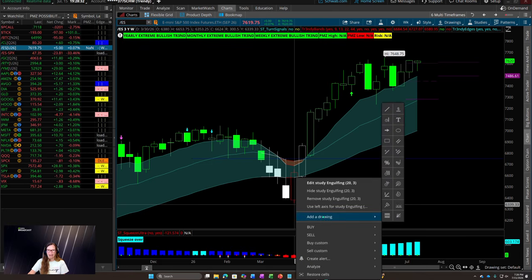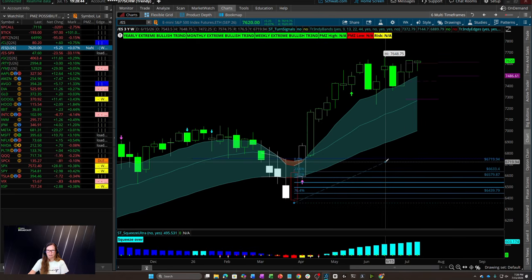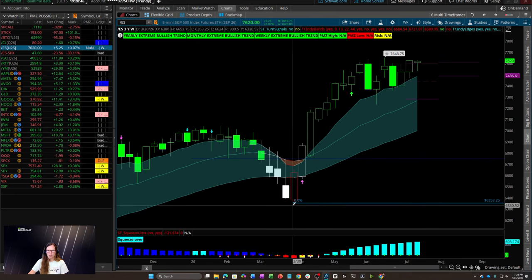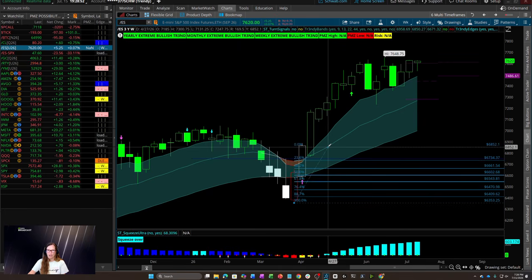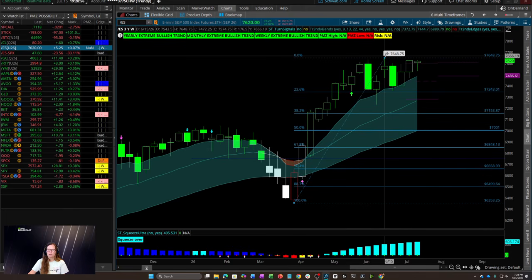You go to add drawing and you choose the percent right here. This is the Fibonacci retracement tool. I click on that. It is going to start at the bottom, this most recent swing low, and I'm going to pull it up to the most recent swing high.